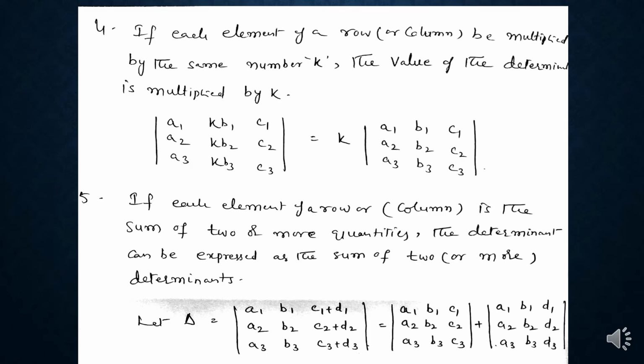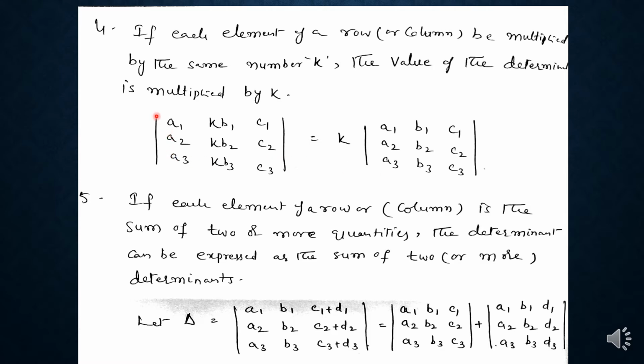Fourth property: if each element of a row or column is multiplied by the same number k, the value of the determinant is multiplied by k. Here the first column elements are a1, a2, a3, second column elements are kb1, kb2, kb3 and third column elements are c1, c2, c3. In the second column, k is common, so we can take it out: k into a1, a2, a3, b1, b2, b3, c1, c2, c3.